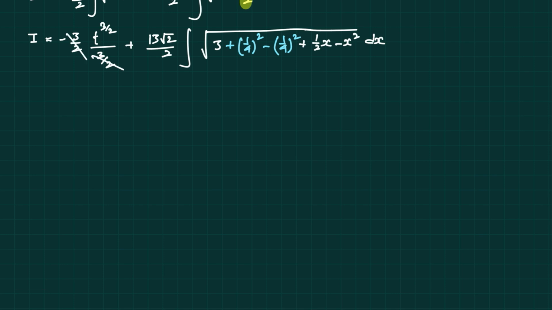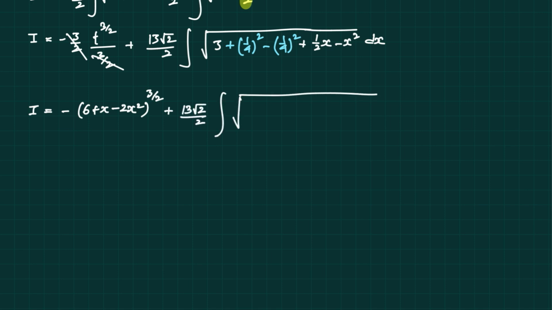So here 3 by 2 got cancelled, so I equals minus, putting back the value of t, (6 plus x minus 2x square) to the power 3 by 2, plus 13 root 2 by 2 integration of square root of, if I add these two terms, then we will have 49 by 16, and taking out minus common here, we will have (1 by 4) whole square minus 1 by 2 x plus x square, dx.